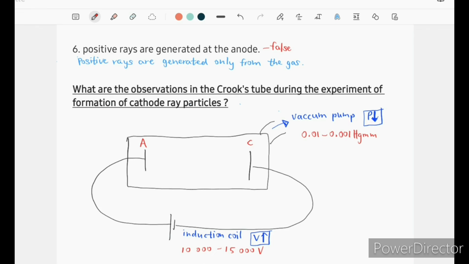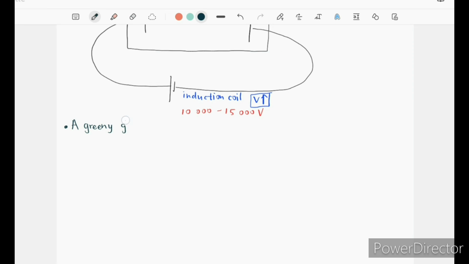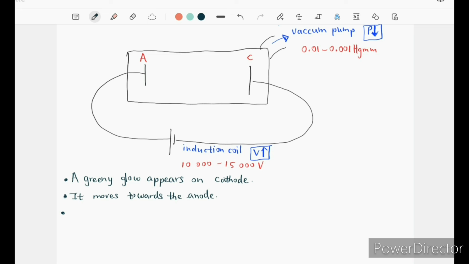Now let's discuss the observations during the experiment. A greenish glow appears on the cathode. It moves towards the anode. In between anode and the green glow, a dark patch appears.